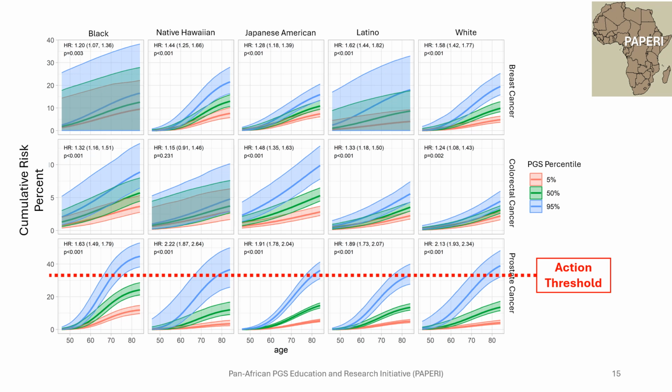And really what we're trying to do here is determine at what risk level we apply an intervention or screening strategy to the individual. And of course, that not only is based on how well the polygenic risk score and polygenic risk score prediction model work, but it also depends on the cost and invasiveness of the prevention strategies too.